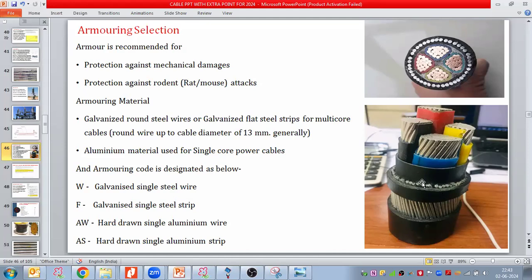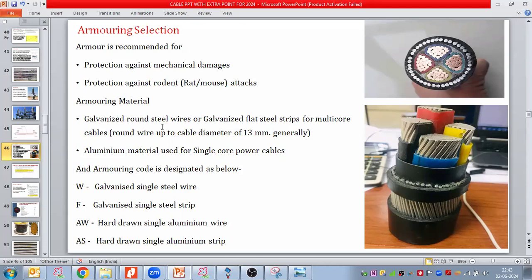In order to protect against this mechanical damage, armoring is used in the cables, and also for protection against rodent, rat, and mouse attacks. Armoring material could be galvanized round steel wires or galvanized flat steel strip for multi-core cable.